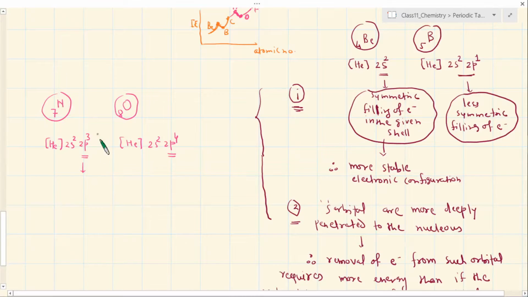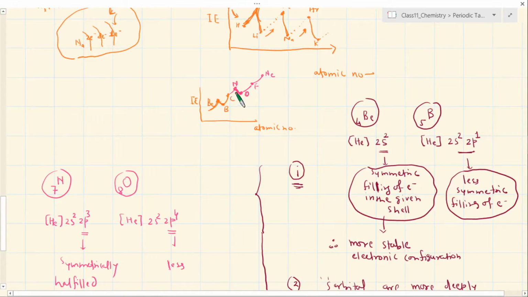This p3 is completely, symmetrically half filled. This is less symmetric than that one. So naturally it will be easier to remove the electron from this electronic configuration than from that one, and that's why the ionization potential, although it should have followed the general trend, is a little bit higher for nitrogen than oxygen.